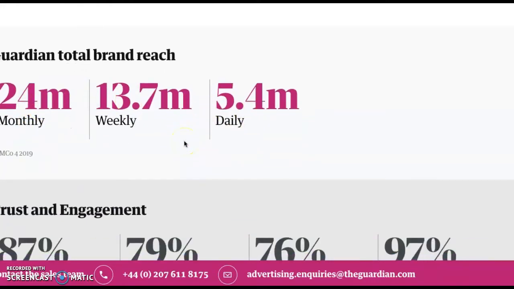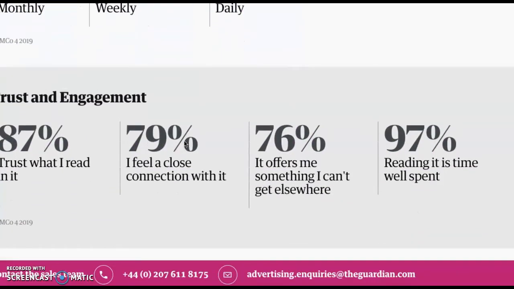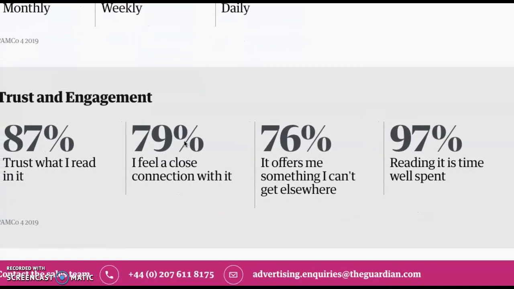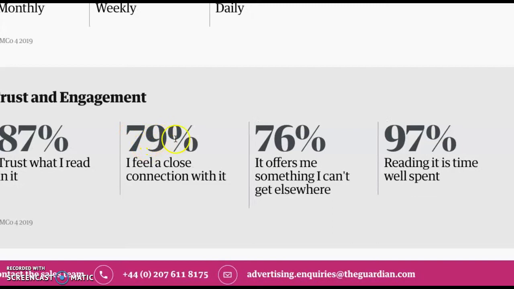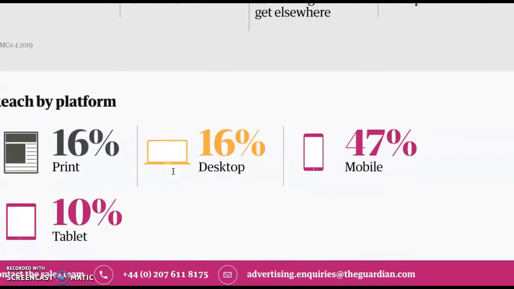There's the breakdown there. But have a look at why people say they are engaged with The Guardian. 87% is down to trust. Interestingly, nearly 80% feel a close connection with The Guardian itself.